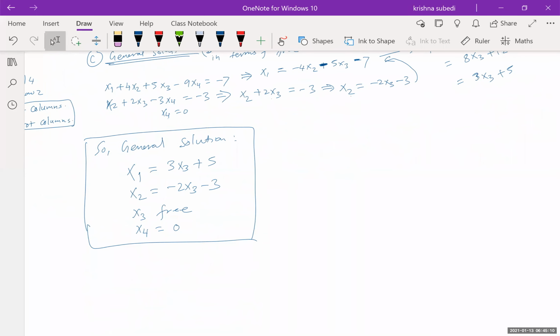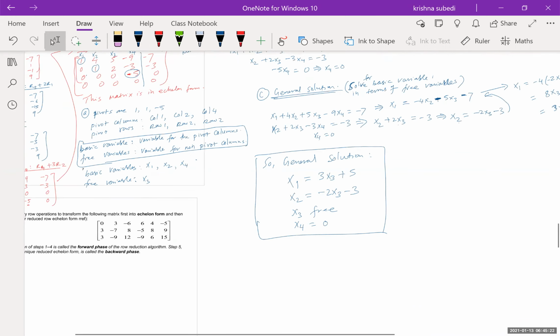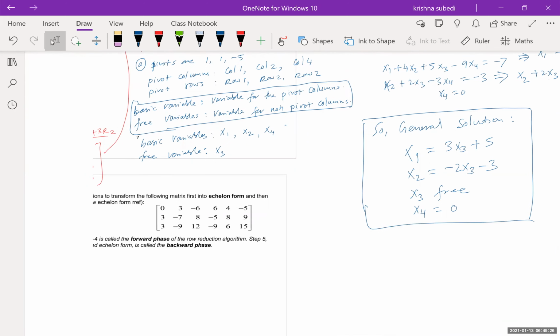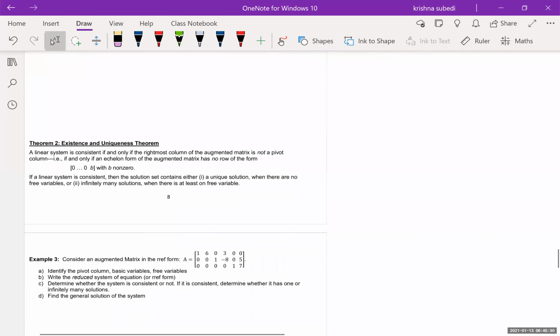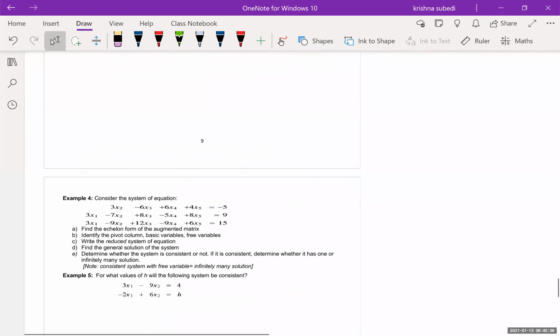Now let's try one question similar to this, and that's all about section 1.2. So I want you to try one example. Example 3 is pretty straightforward.